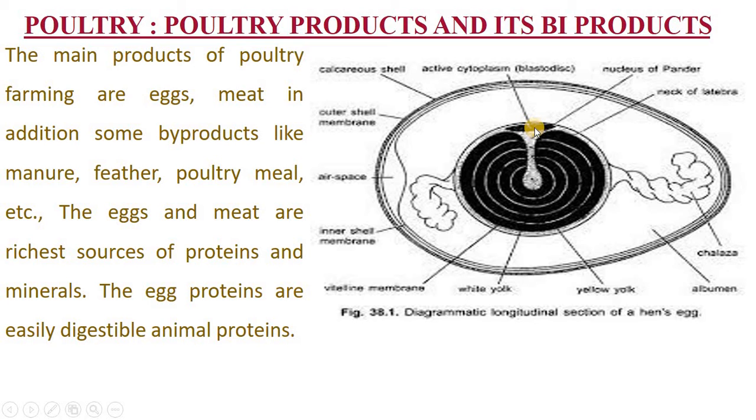The cleavage is meroblastic. We find white yolk and yellow yolk in alternate layers, and the chalaza keeps the yolk towards one side. There is also the neck of latebra, the nucleus of Pander, and the vitelline membrane. All these things are there in the hen's egg.